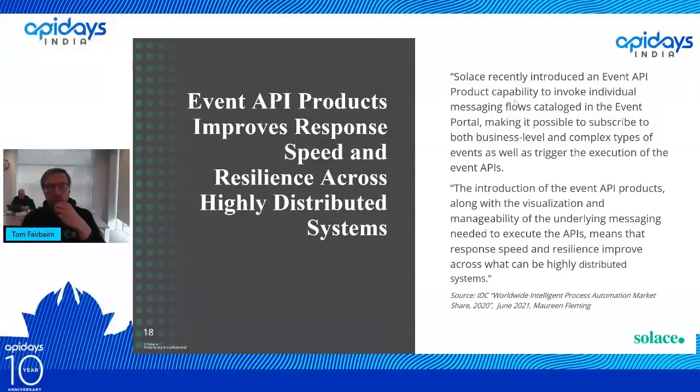so summing up then, event API products are the event-driven asynchronous version of API products, which are of course the REST synchronous way of interfacing with your business. The two are complementary. One is not intended to take over or supplant the other.